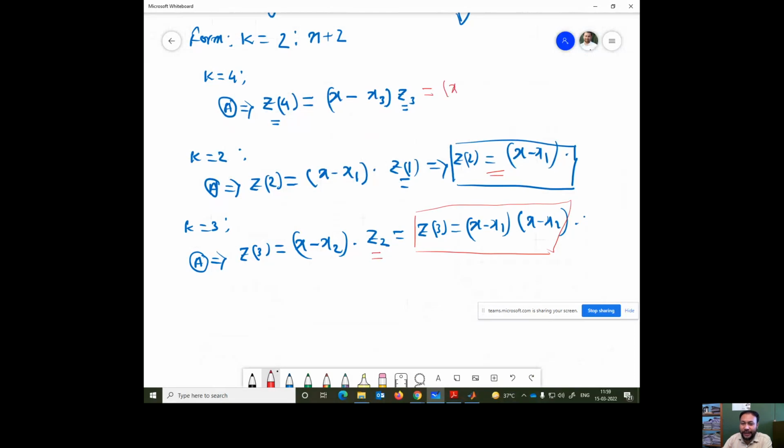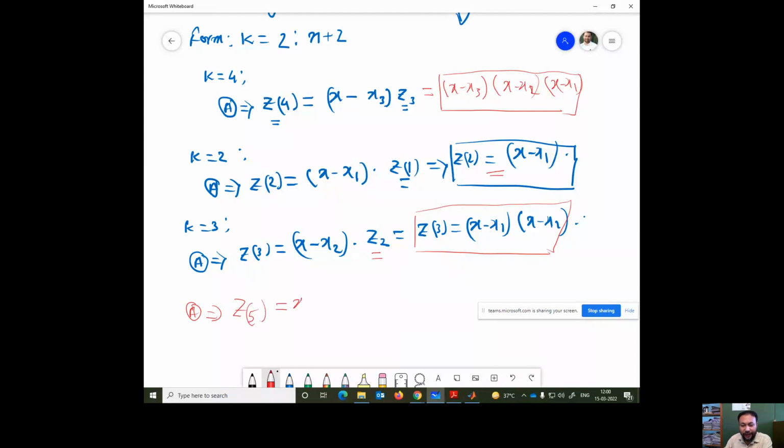So I can get x minus x3, x minus x1, x minus... this is what I can get. Now this is the value of Z4. Similarly, from equation number A, Z5 can be calculated now.